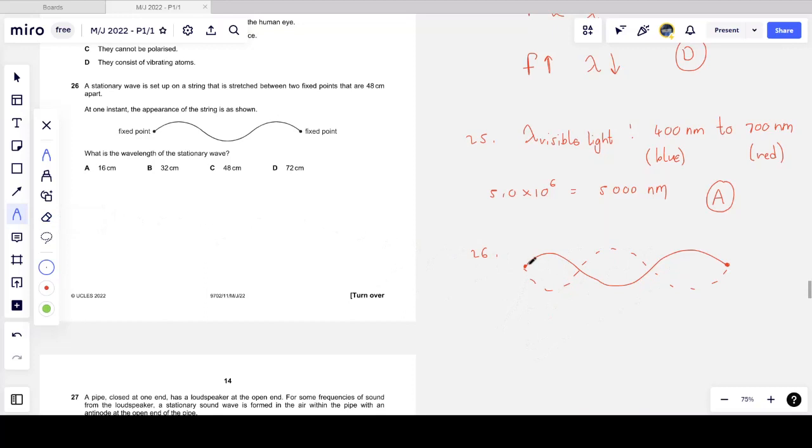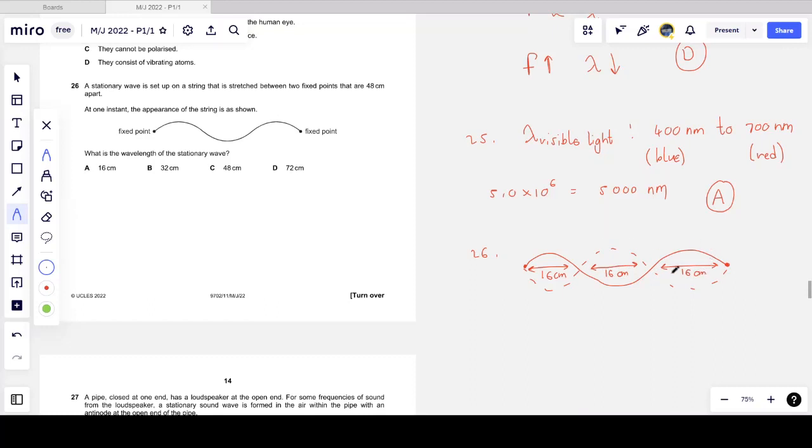And what we know is that the length of the string, or rather the distance between the fixed points, is 48 centimeters. That means the distance between successive nodes here is 16 centimeters. Again, you have to understand what standing waves are, how they are formed, the difference between nodes and antinodes.